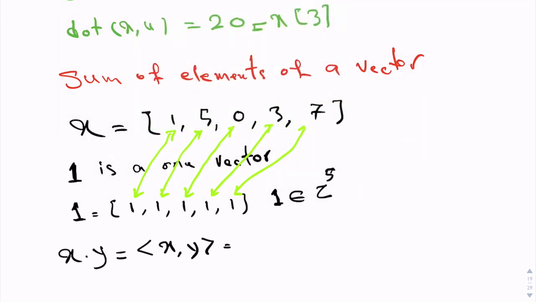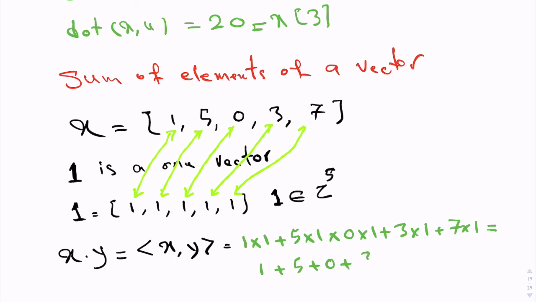So therefore the dot product of these vectors is 1 times 1 plus 5 times 1 plus 0 times 1 plus 3 times 1 plus 7 times 1, which is basically 1 plus 5 plus 0 plus 3 plus 7, which is equal to 16.